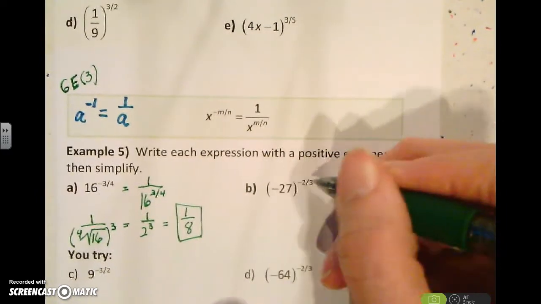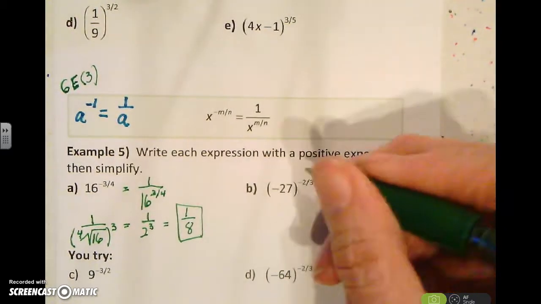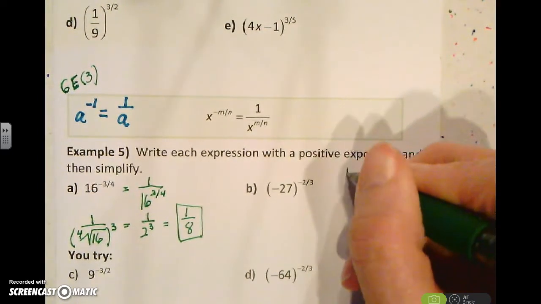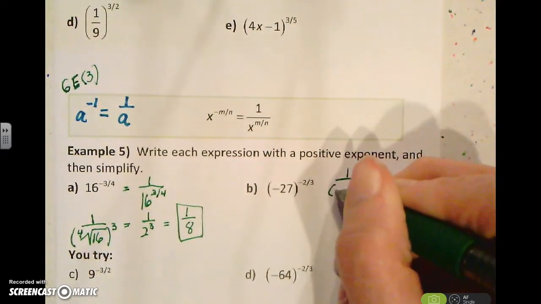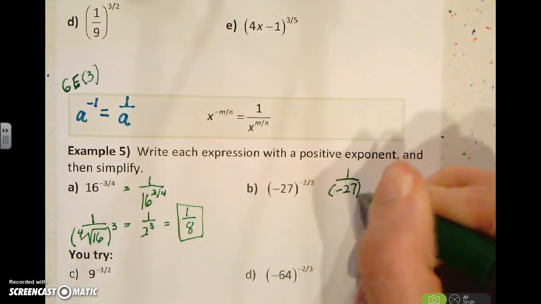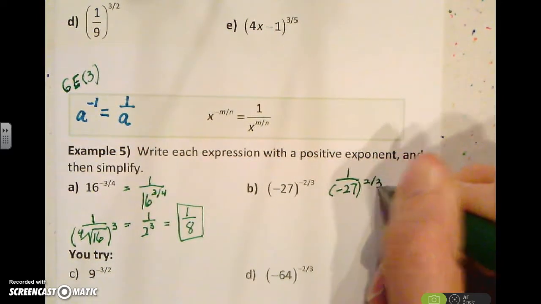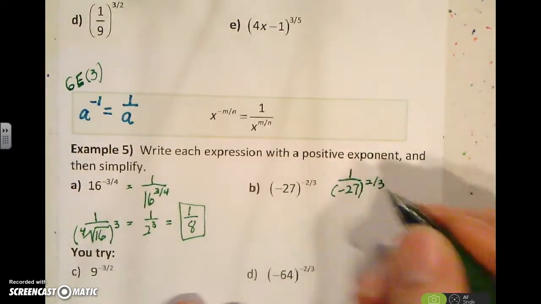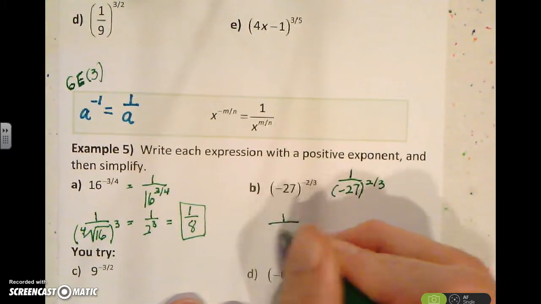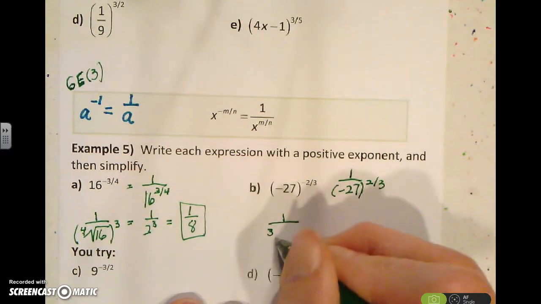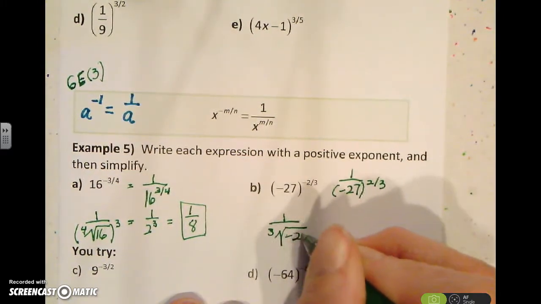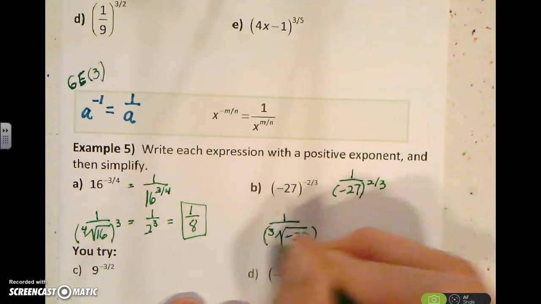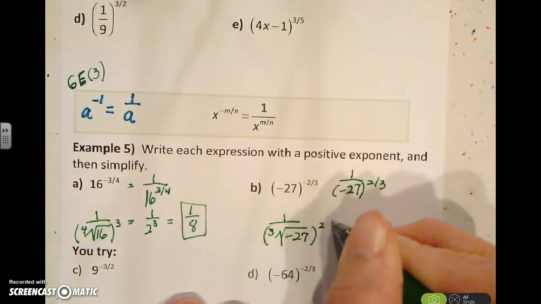Then here, negative 27 to the negative 2/3, you will get 1 over negative 27 to the positive 2/3. Once I get a positive exponent, now I can change that to be the cube root of negative 27, take that whole thing to the 2nd power.